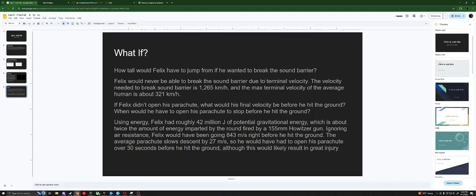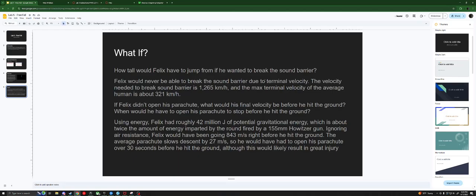The max terminal velocity of the average human is about 320 kilometers per hour. You can never get above that point because that is where the friction force from the air resistance is the same magnitude as the force of gravity pushing you downwards.